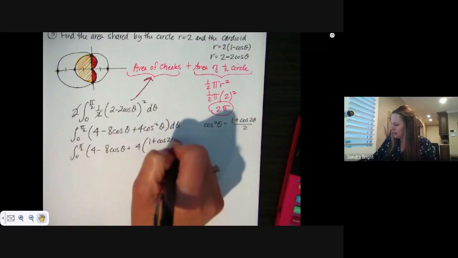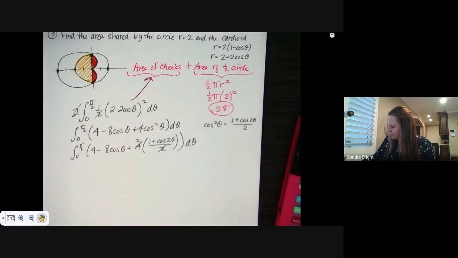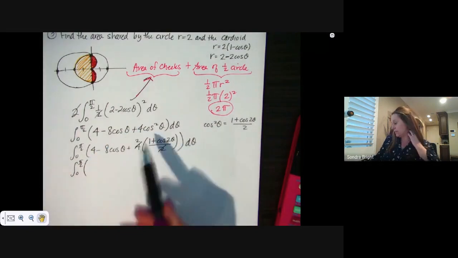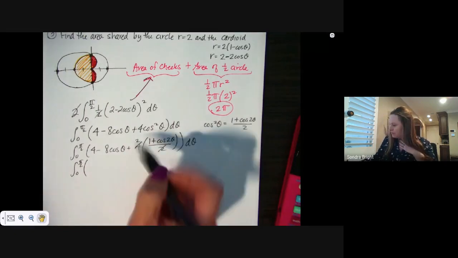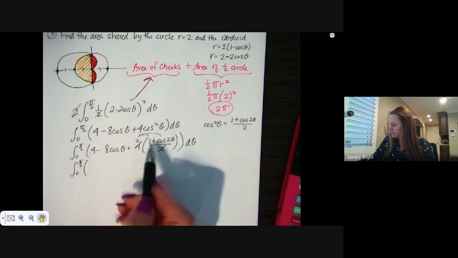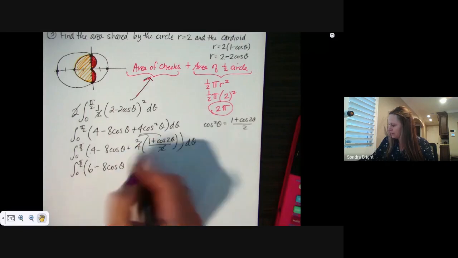Now 2 goes into 4 two times. When I distribute this 2 into the 1, and don't forget it's into both, you would have a 4 and then a plus 2. That leaves you with a 6, minus 8 cosine of theta, plus 2 cosine of 2 theta.